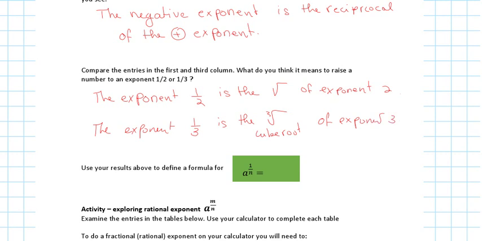And then we said that whatever is in the denominator of the exponent is going to be the root, the nth root of that thing.